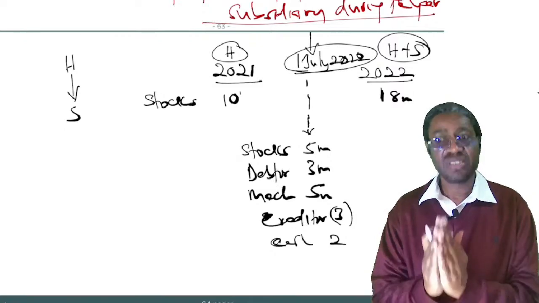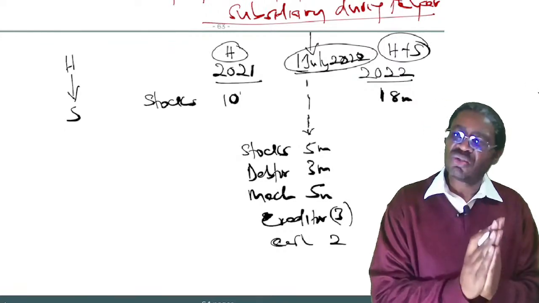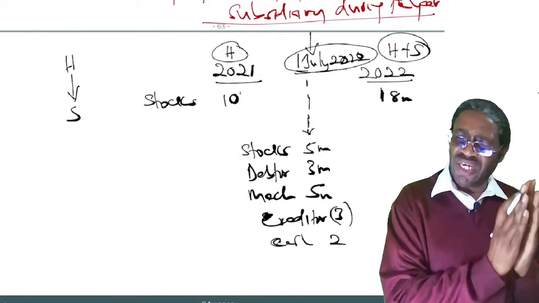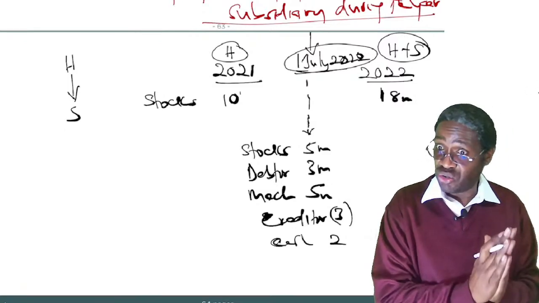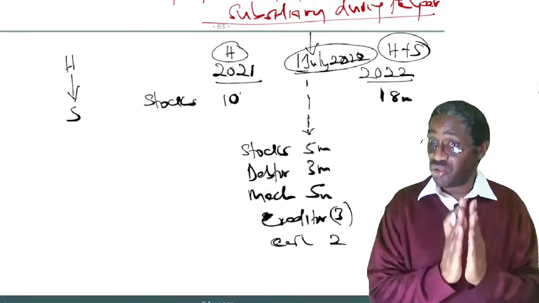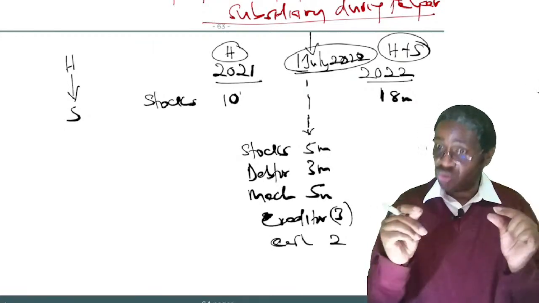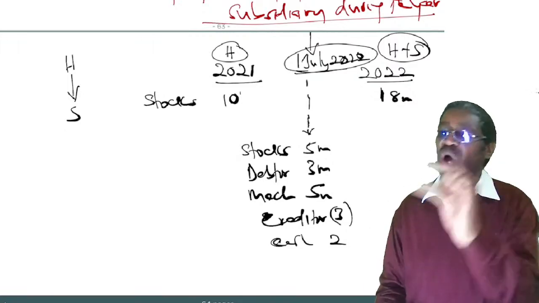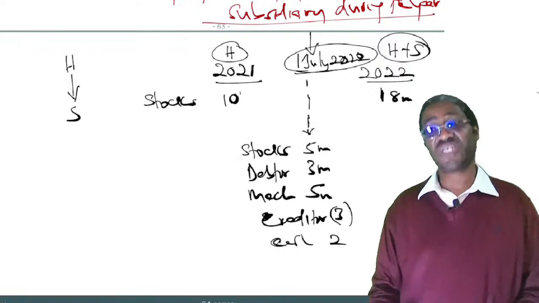No. Listen, no. It's true if you are doing financial accounting cash flow, or financial reporting of section 3, it's true. The stocks were increasing by 8 million. From last year, I can see stocks were 10.